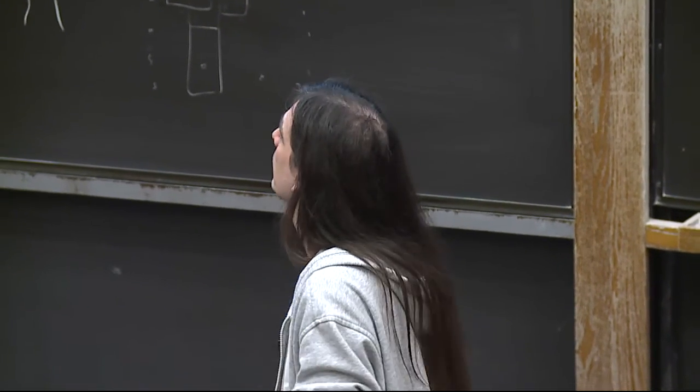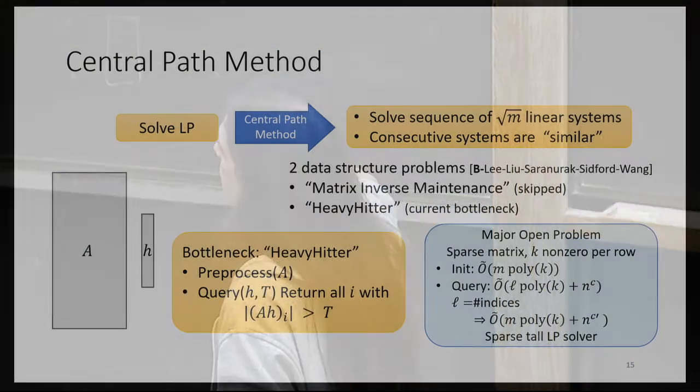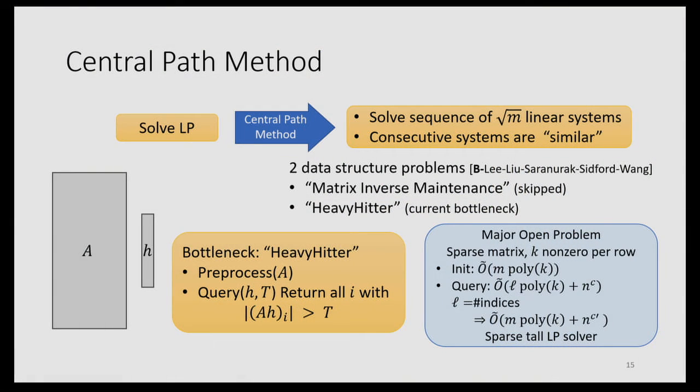All right, so this is the main bottleneck. And it turns out that all of the provable hardness for linear programs and so on, and the provable hardness for multi-commodity flow, that's actually all in this matrix inverse maintenance. At least currently, there is no evidence that you shouldn't be able to use graph techniques for this heavy hitter problem here.